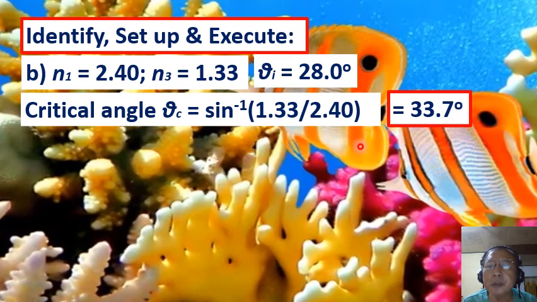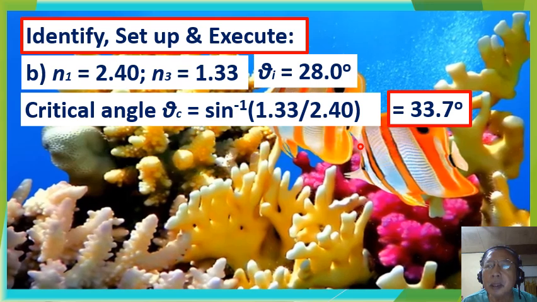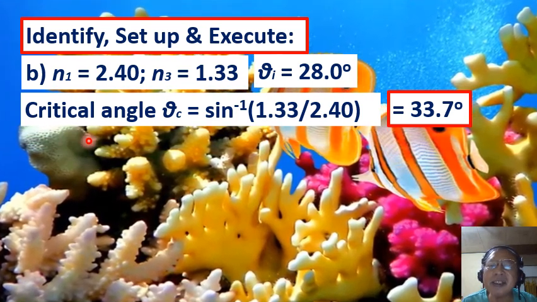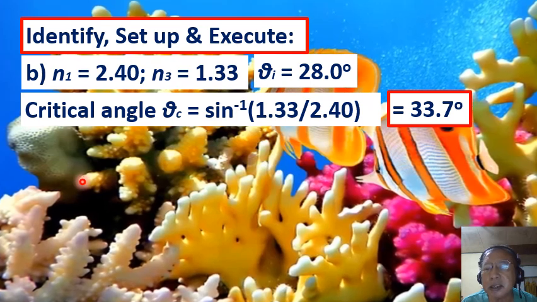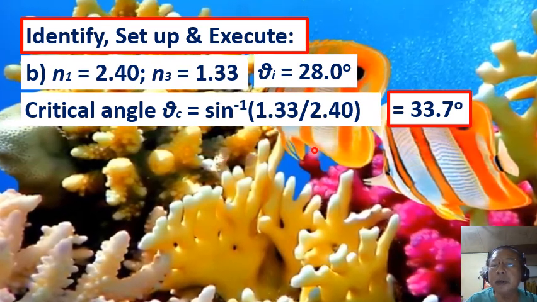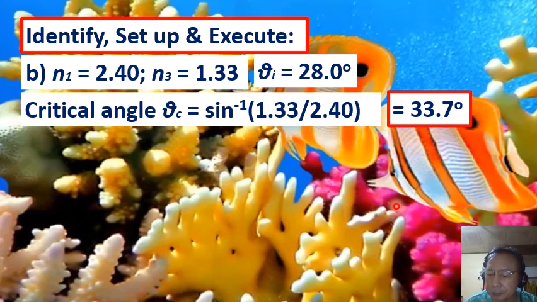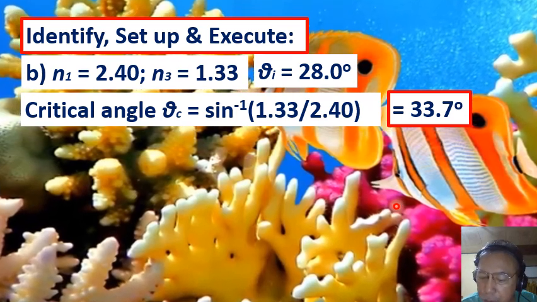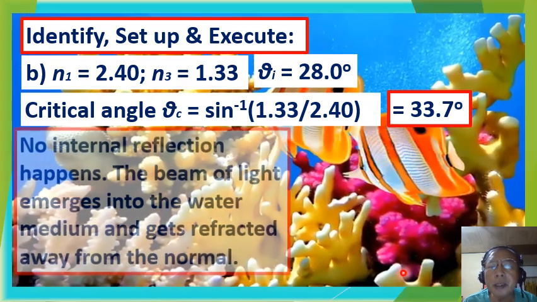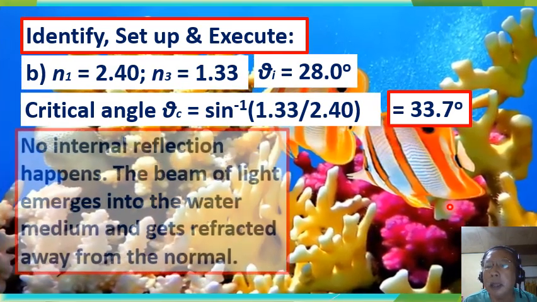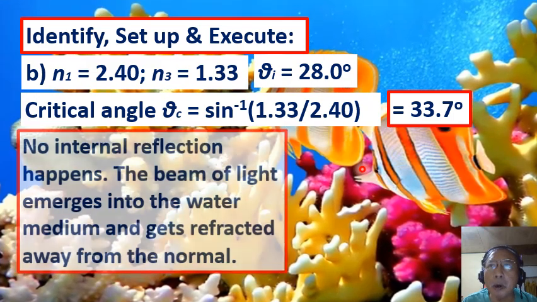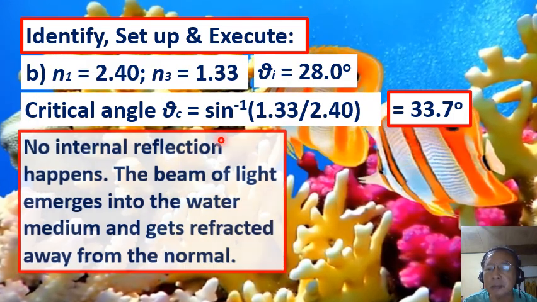All right? And since the angle of incidence is 28.0 degrees, which is lower than the critical angle, our conclusion is that there will be no total internal reflection happening at the diamond-water interface.